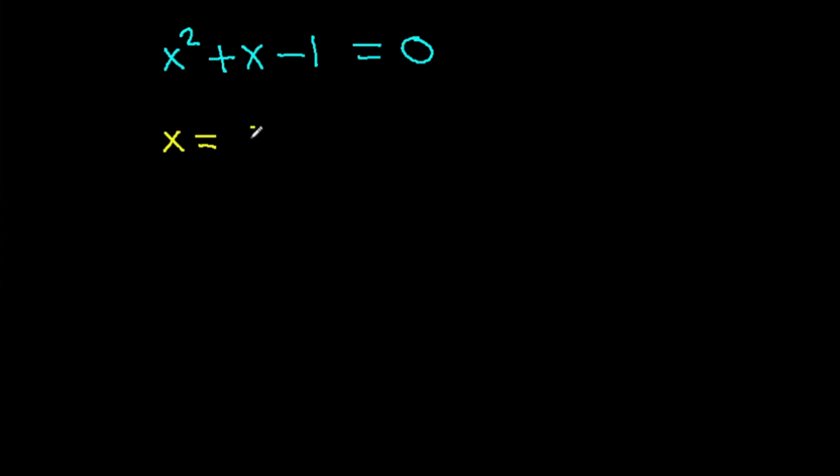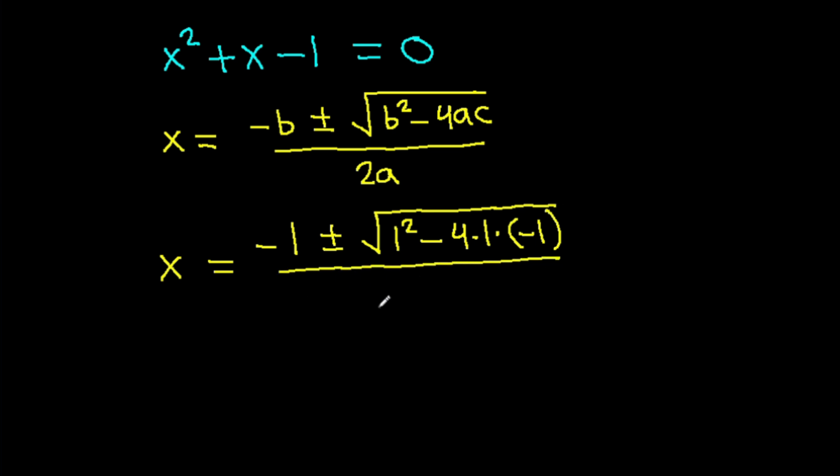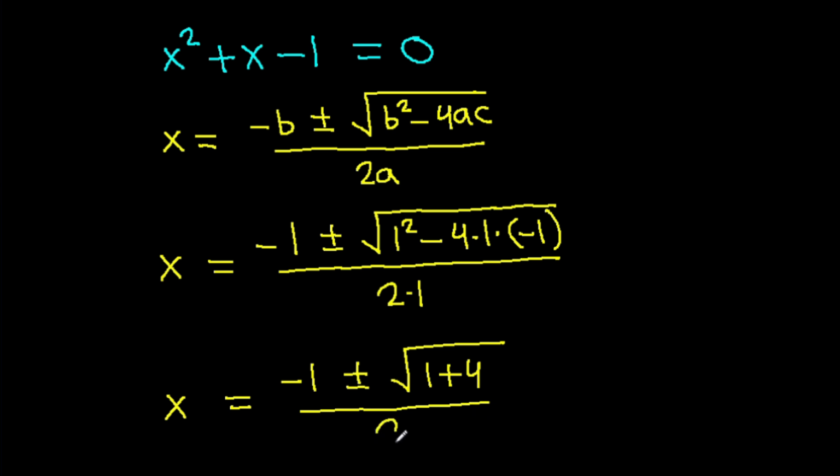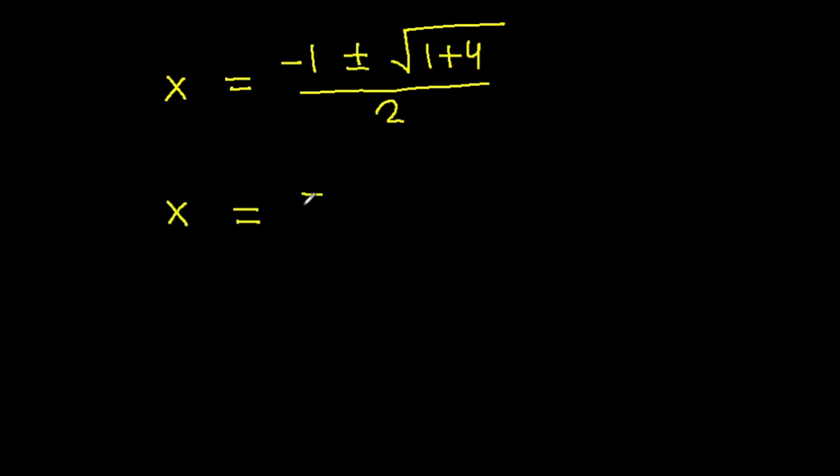So X, it will be minus B plus minus root under B square minus 4AC over 2A, and X, it is minus times B is 1 plus minus root under 1 square minus 4 times A is 1 and C is minus 1 over 2 times 1, and X, it is minus 1 plus minus root under 1 plus 4 over 2, and X, it is minus 1 plus minus root 5 over 2.